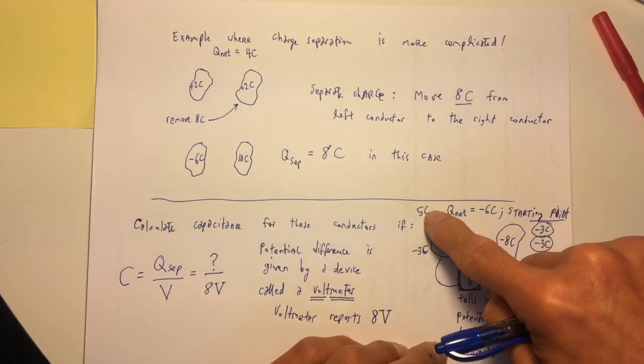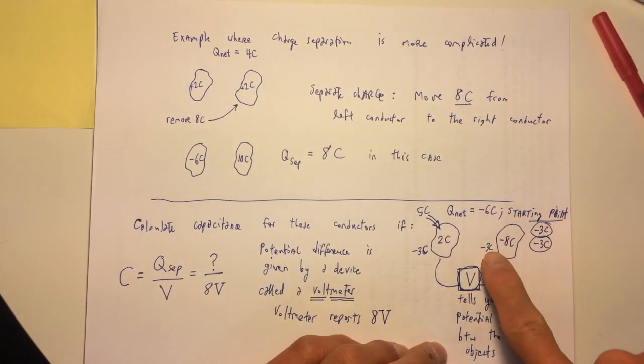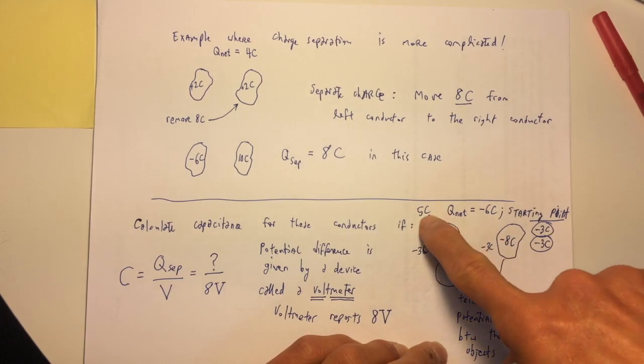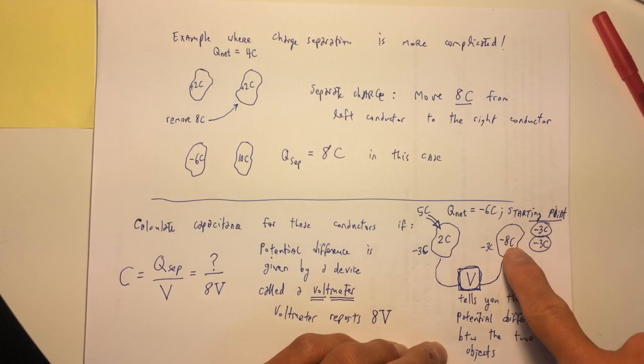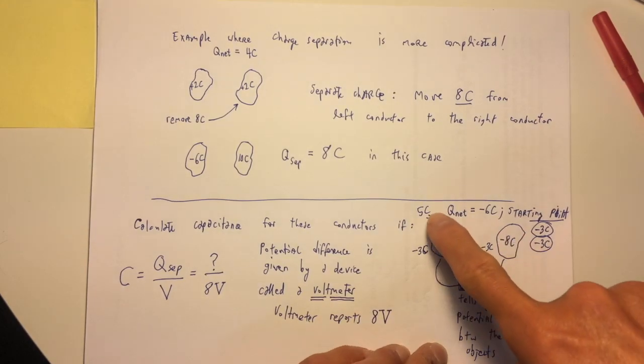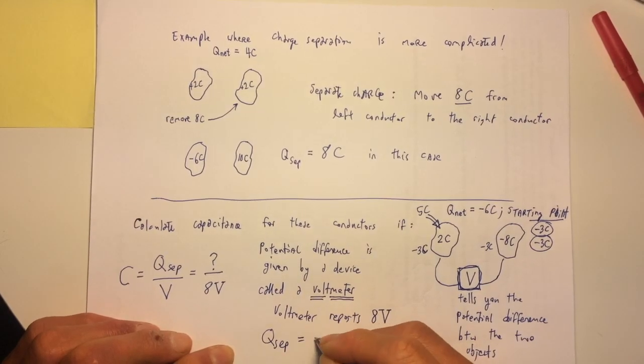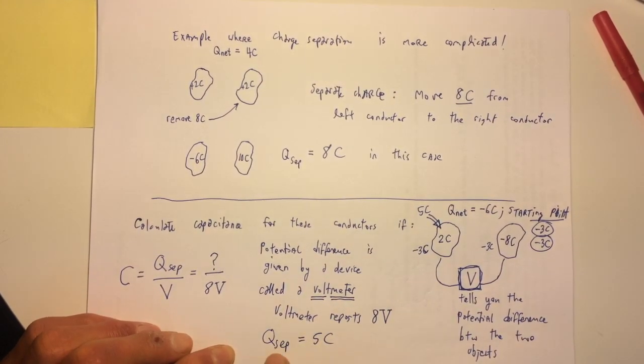But that 5 coulombs must have come from this side. So minus 3 coulombs, subtract off 5 coulombs, is the negative 8 coulombs. So 5 coulombs was the separation charge.